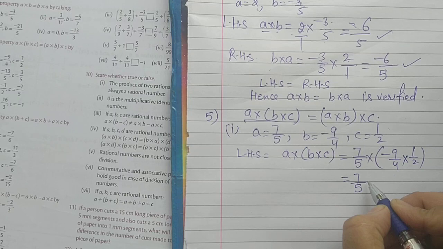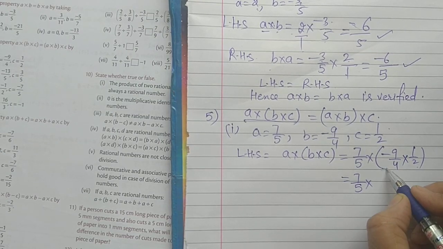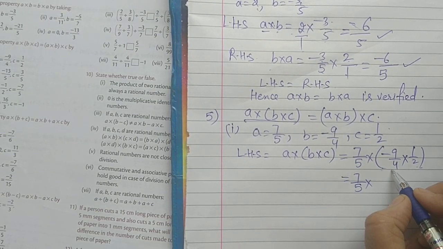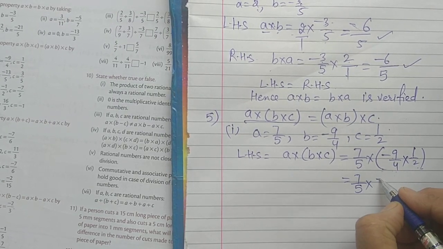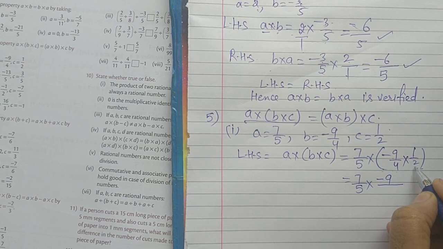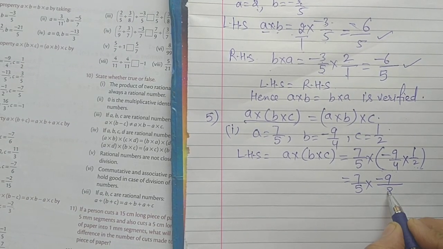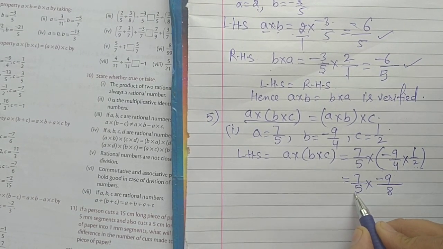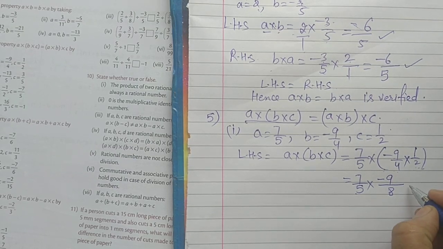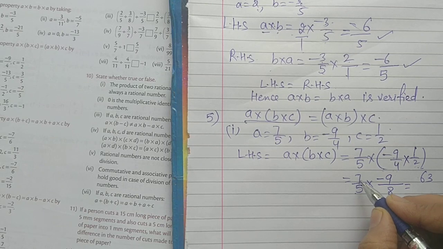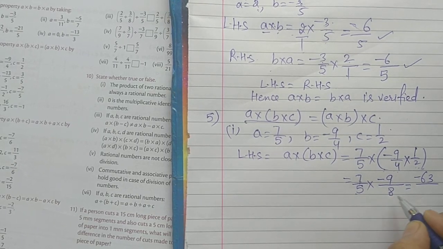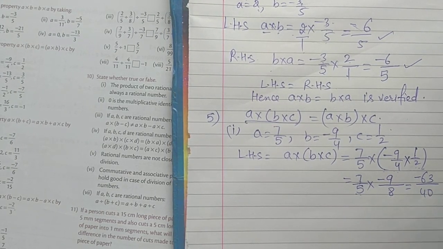So 7 upon 5, these two are in bracket, so we will solve it first. So minus 9 multiplied by 1, minus 9, then 4 2s are 8. Then answer will be multiplied to the first rational number. So its answer is 7 9s are 63, plus minus minus 8 5s are 40.